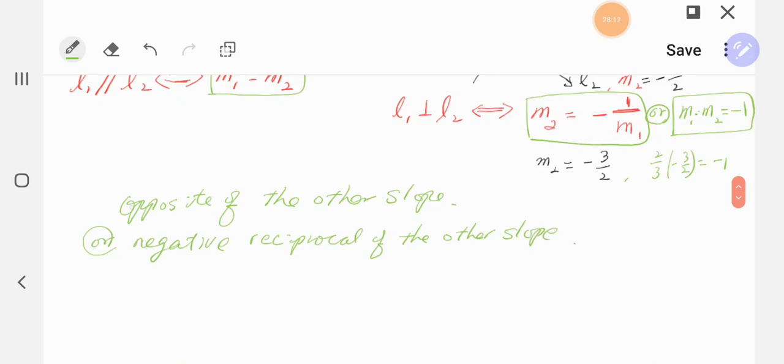I'm sorry, opposite of the other slope. No, opposite of the reciprocal. Sorry, I forgot this reciprocal. So the opposite of the reciprocal of the other slope, or negative reciprocal of the other slope, if two lines are perpendicular.